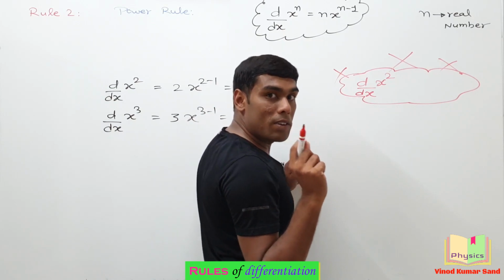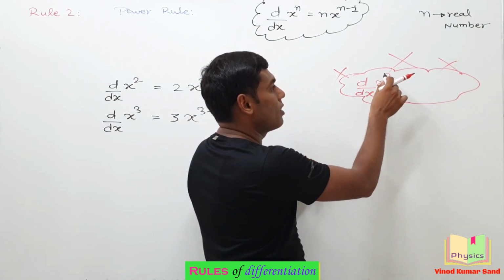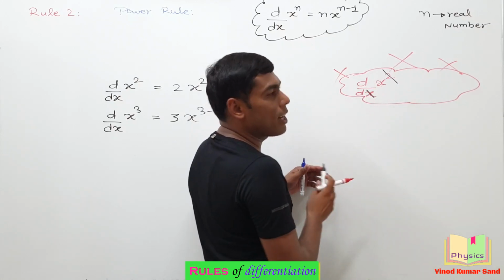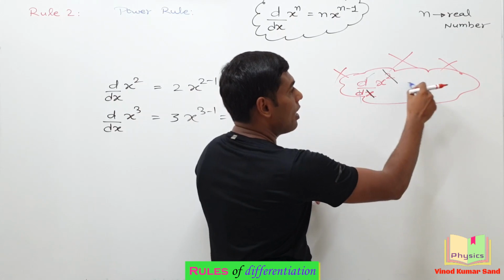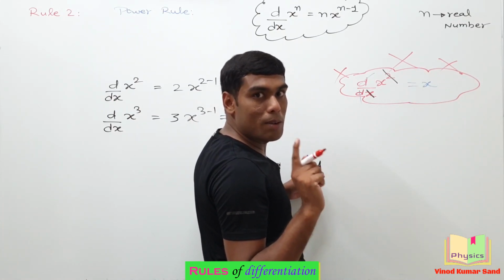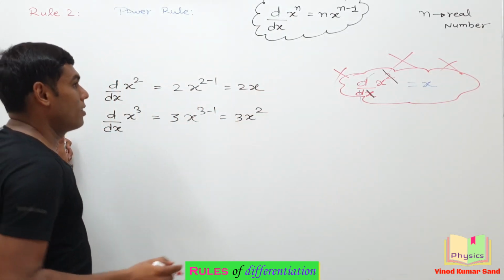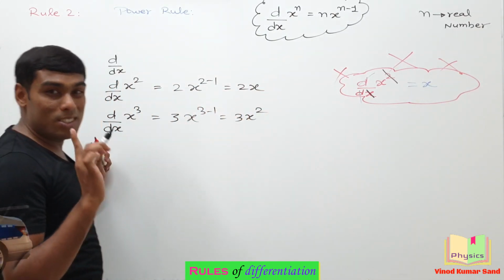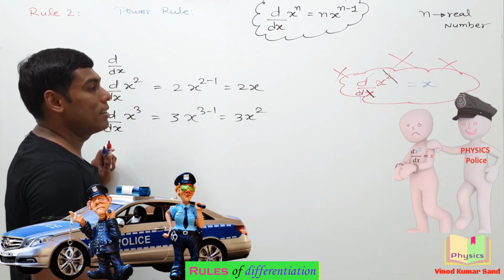Those people who are having their 100% brain working, they will think that this square and this x will get cancelled out. This d and this d will get cancelled out, and the answer will be x. Do not do that. It's completely wrong. Okay, it's unethical. It's illegal. If there is a physics police and they see such kind of things, they'll put you behind the bars.